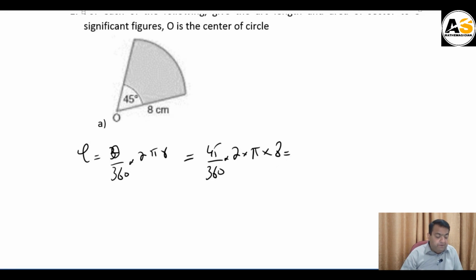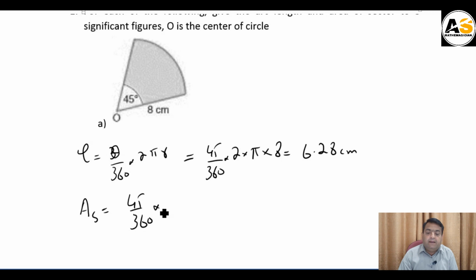When you simplify this, you will get 6.28 centimeter up to 3 significant figures. Similarly, the area of sector will be theta over 360 into pi r square, meaning 8 square, which will be simplified to 25.1 centimeter square. You can solve it with the help of a calculator.